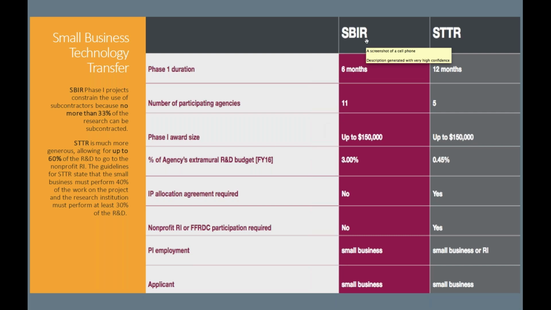So for the SBIR, a much higher percentage of that work needs to occur within the small business. So if you're proposing a software solution or something like that, the small business itself would need to be doing more of that programming, more of that coding. If it's an STTR, a greater percentage could be subcontracted to potentially a research institution.